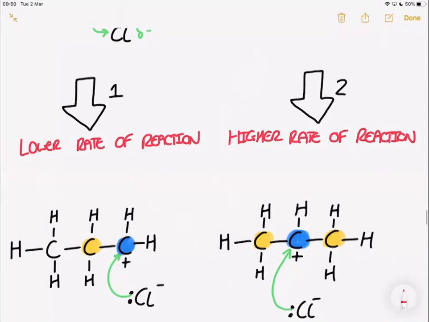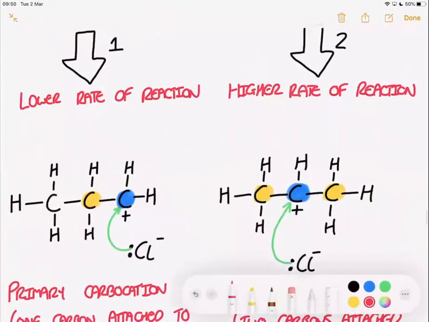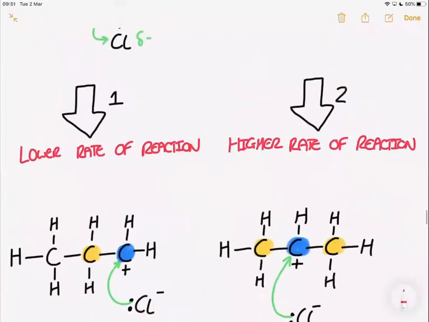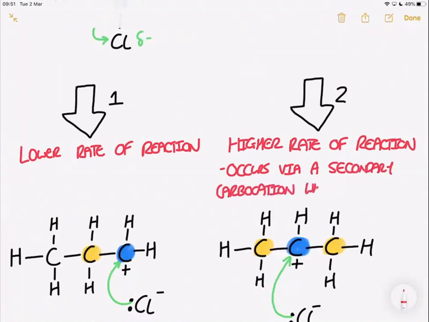The phrasing we use here is that we'd say, and I'm not going to do this for both examples, pathway 2 has a higher rate of reaction. It occurs via a secondary carbocation, which is more stable.